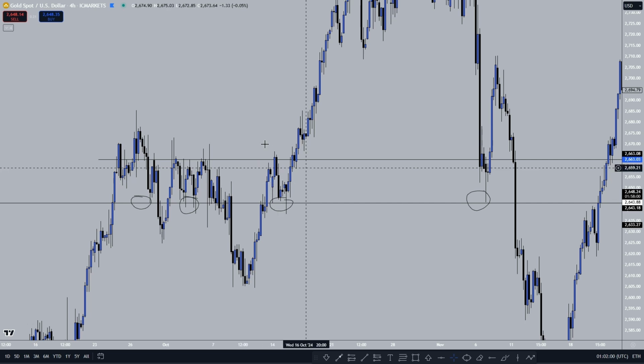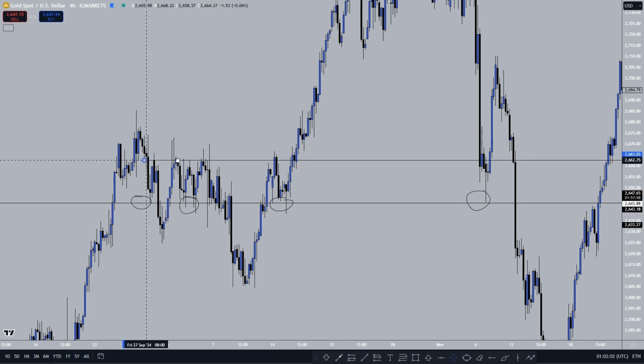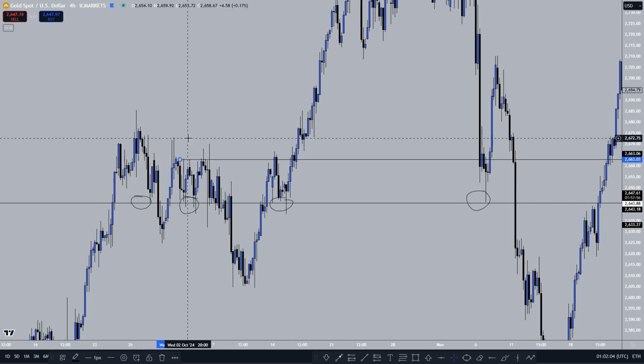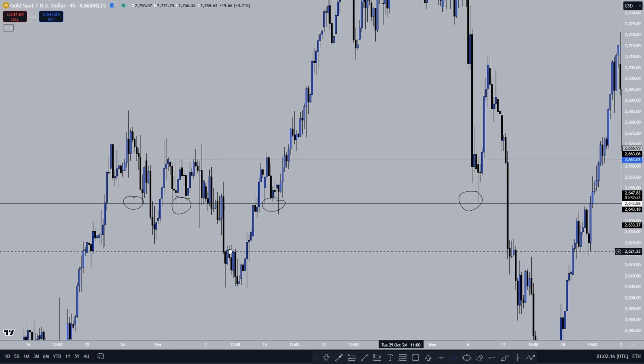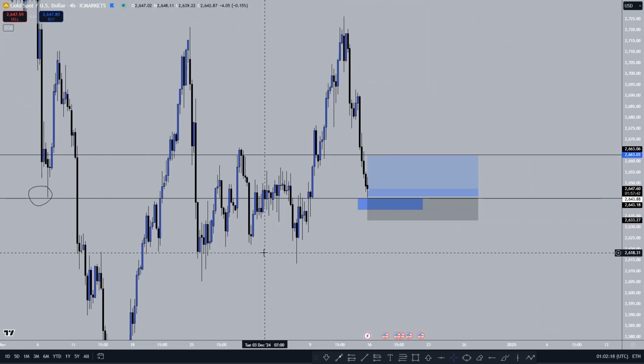So the lowest bounce that this price actually did was the wick of this candle. So I'm basically saying every single time that price has bounced from this level and worked, it's at least gone up to the 26.62 area. Therefore, that is my take profit.